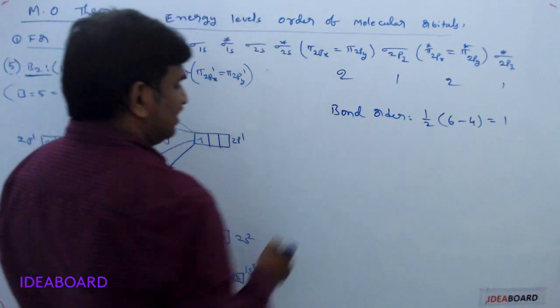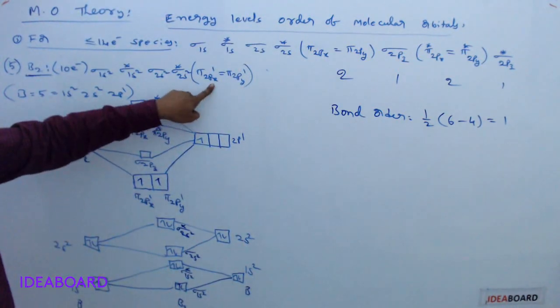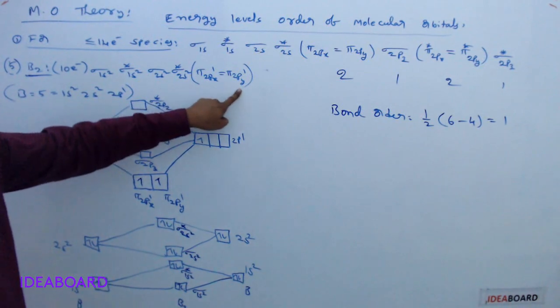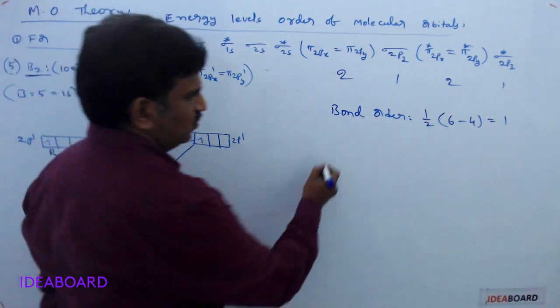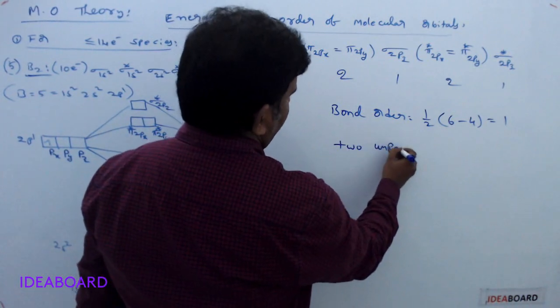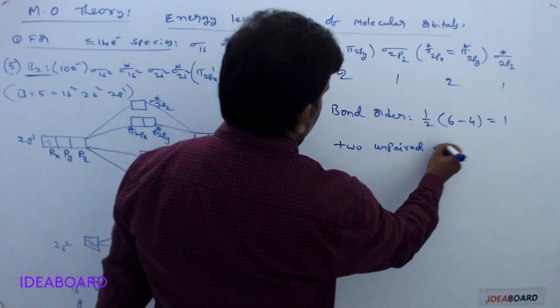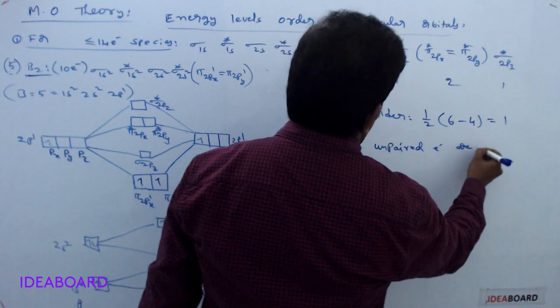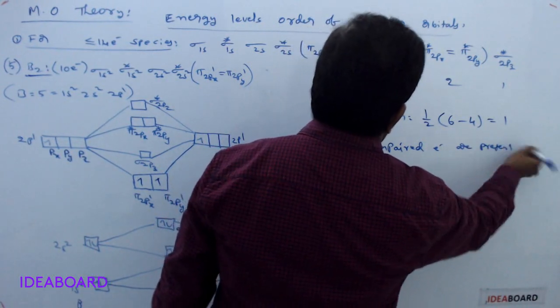Next, magnetic nature. Here see, this is a single electron and this is also a single electron. So how many unpaired electrons does it have? 2 unpaired electrons are present.